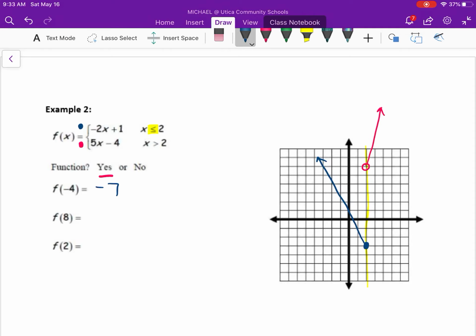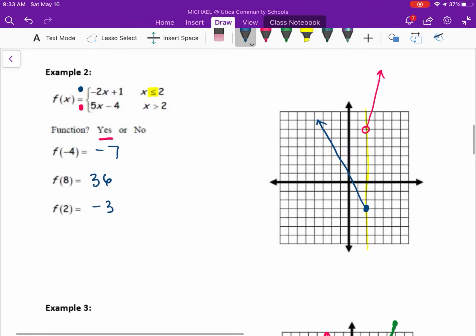When I plug in an 8, 8 is greater than 2, so that's the pink function. That would be 36. And when I plug in a 2, that's the blue function because it's equal to 2, so I get -3.